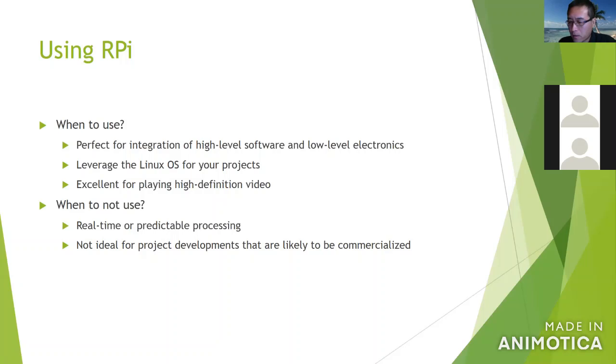Real-time application means the response time of your program is very short. Once you input the request to your system, you expect the response immediately. That's what we call real time.